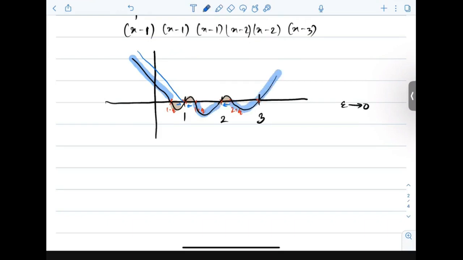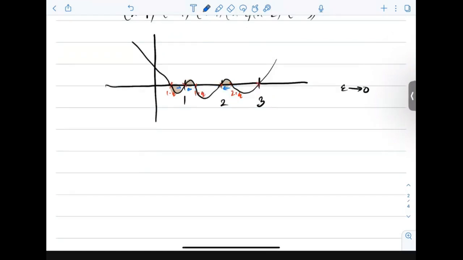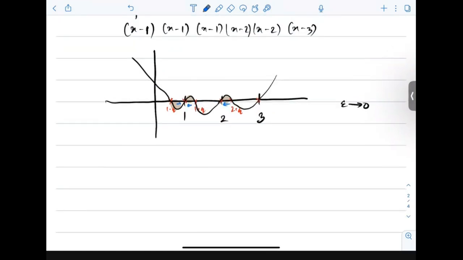So therefore it will look like this. It will go down like this, and so this part, the blue region, will come down, and here it will be like this. It will be kissing this point, and then it will go like this. We will find out the graph by tending epsilon towards 0.